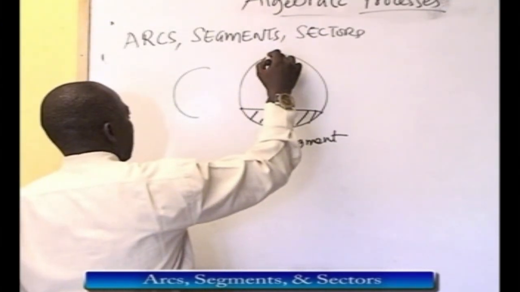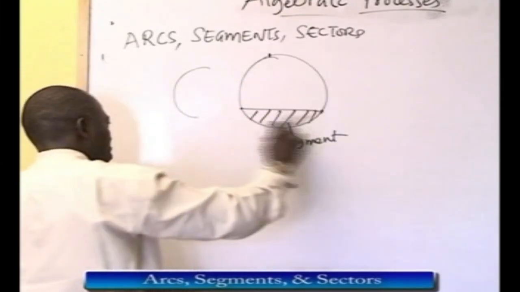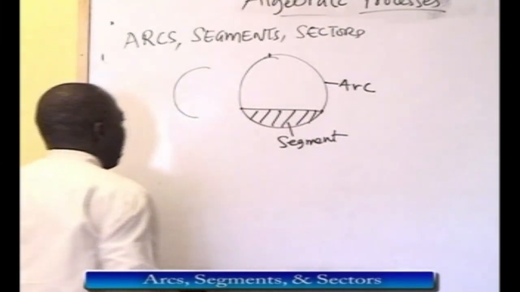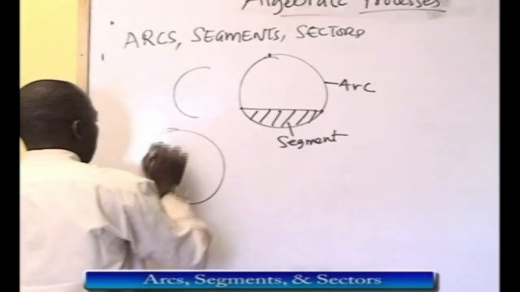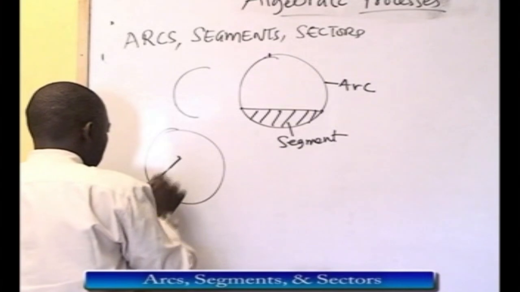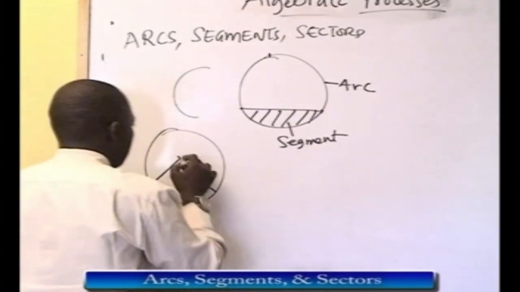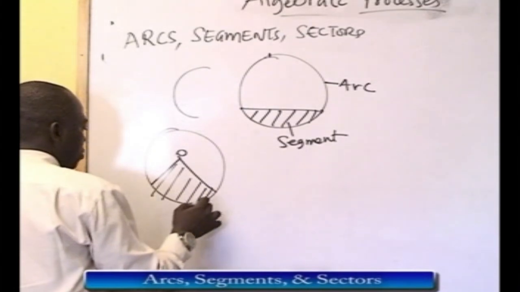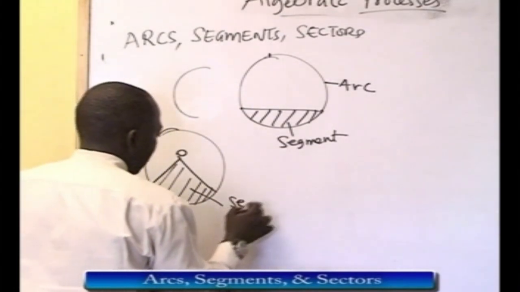This portion from here to here, as long as it's not a complete circle, is what is known as the arc. And then the sector is almost like that. The only difference is it starts from the center of a circle. So the whole of this place is what is referred to as a sector.